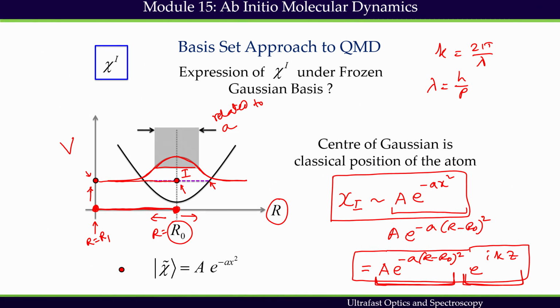Thus the wave vector in momentum space can be given as k equals 2 pi p by h, in other words p by h-bar, the reduced Planck constant, and in atomic units k becomes p because h-bar is taken to be 1. So k is nothing but p.